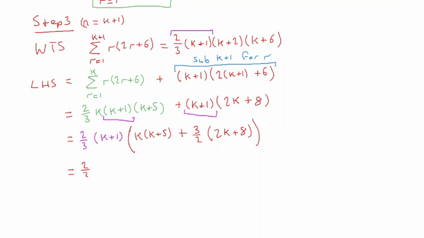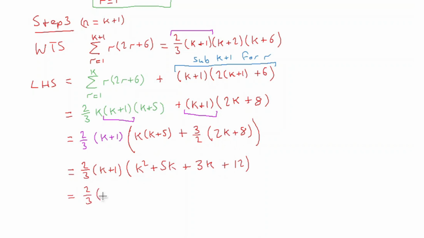So now I have 2/3 k plus 1, which is the first bit I wanted. And then in here I've got k squared plus 5k plus 3/2 times 2 is 3k, and 3/2 times 8 is plus 12.